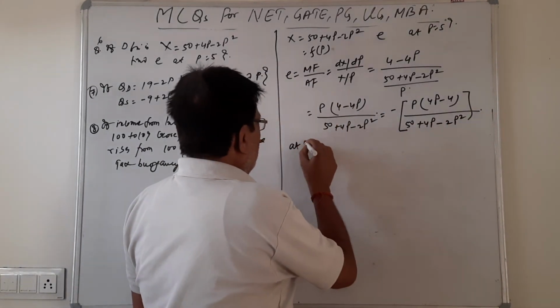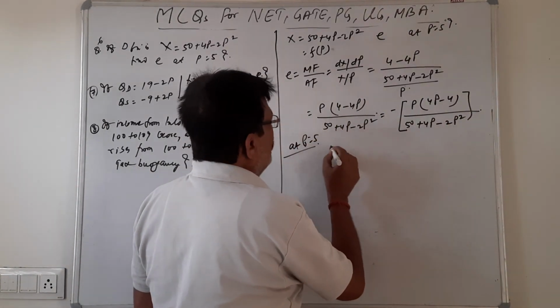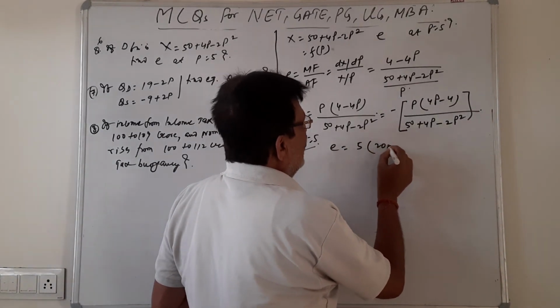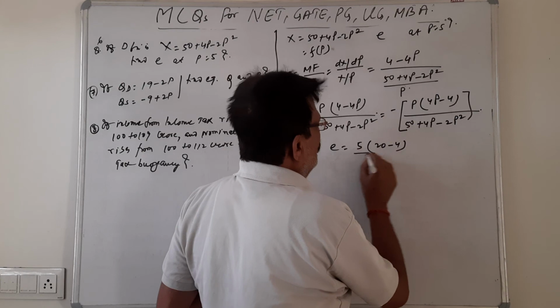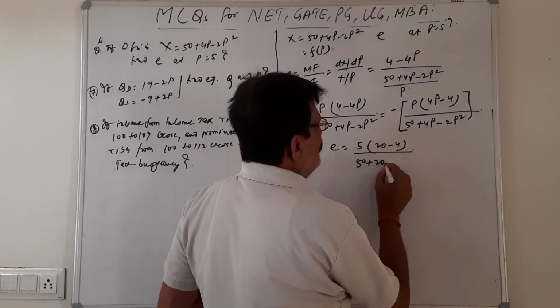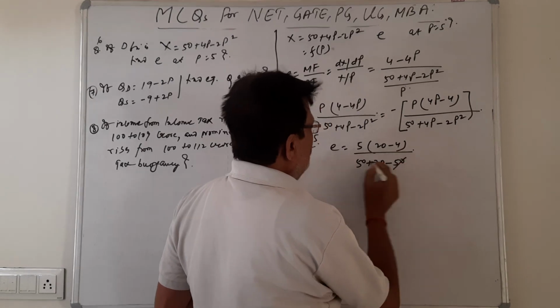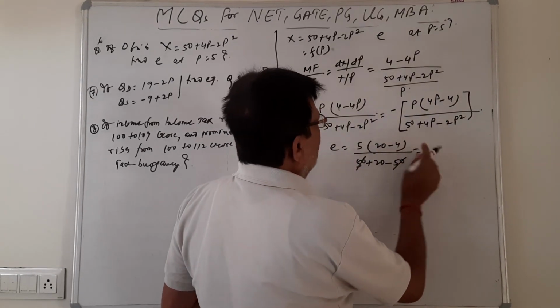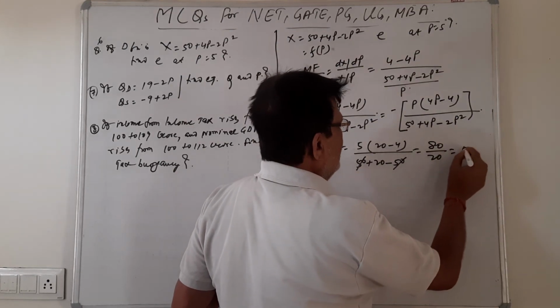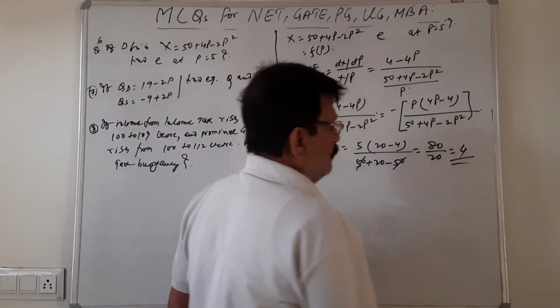Now at p equal to 5, elasticity is 5 into (20 minus 4) divided by 50 plus 20 minus 50. So 16 into 5, 80 by 20, and it is 4.